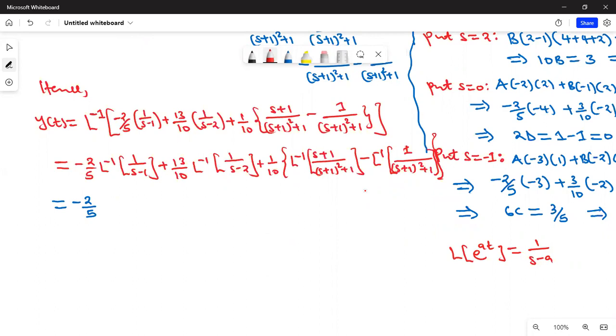In this case, our a is 1. So we'll now talk of exponential 1t, which is simply exponential t. Here we have plus 13 over 10. Here we have 1 over s minus 2. Our a is 2, so we now talk of exponential 2t. The other one is 1 over 10.